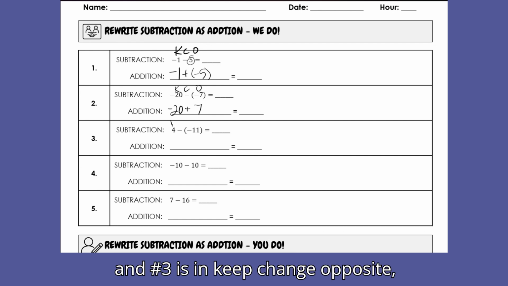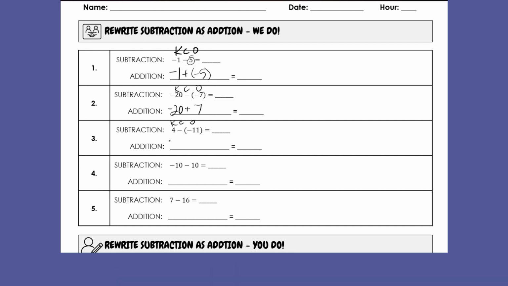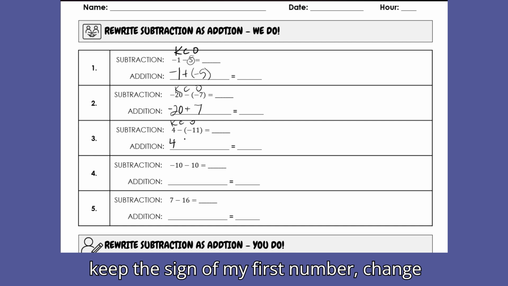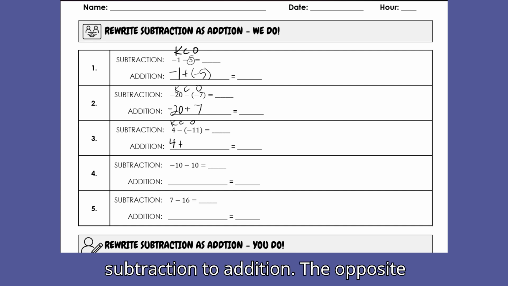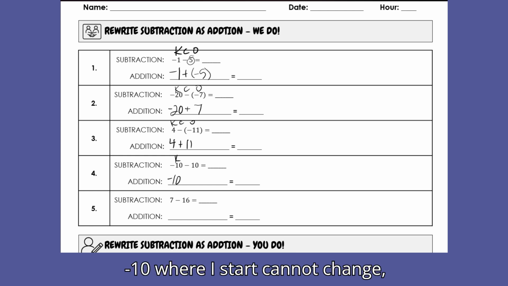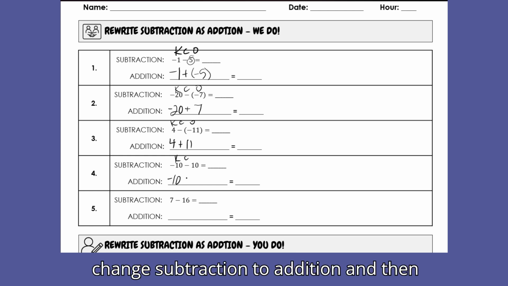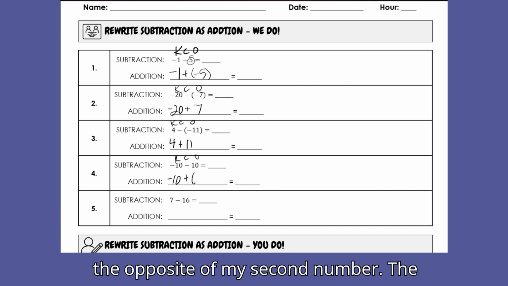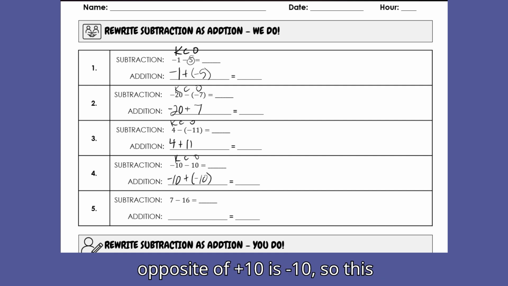And number 3 is in keep, change, opposite. Keep the sign of my first number, change subtraction to addition. The opposite of negative 11 is positive 11. Number 4, keep negative 10, where I start cannot change. Change subtraction to addition. And then the opposite of my second number, the opposite of positive 10 is negative 10.